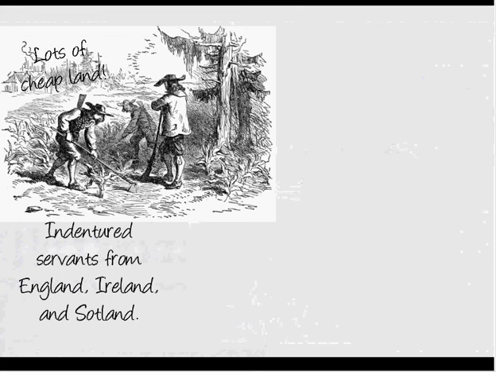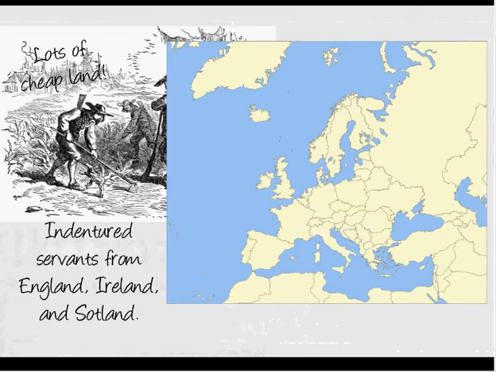And initially, they started with indentured servants. These are people who said, hey, look, if you'll pay for me to go to the New World, because I'm really poor, if you pay for it, I'll work for you for, they'd sign a contract, 7 to 10 years, something like that. And these people usually came from England or Ireland. So initially, you got, here's England again, right there. There's Scotland, and there's Ireland.